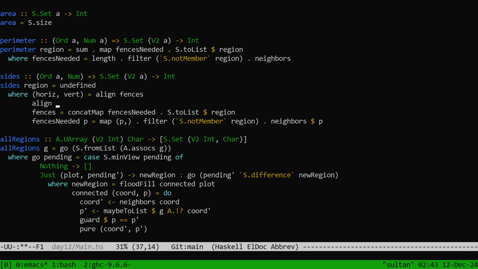Align is gonna be exciting. A line of empty is just an empty tuple. No, that doesn't make sense. Excuse me.